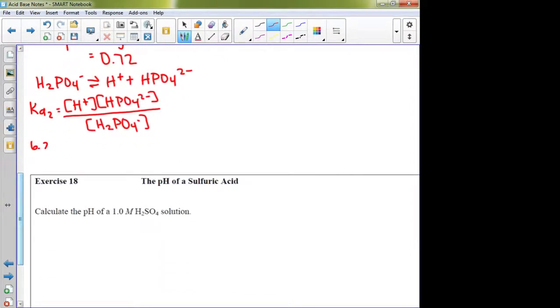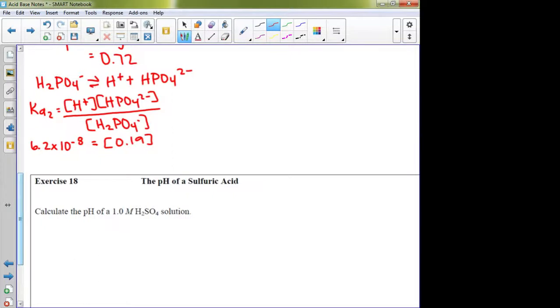So 6.2 times 10 to the negative 8 is equal to, do I know my concentration of hydrogen? Yes, it is 0.19 molar, because I already found that.